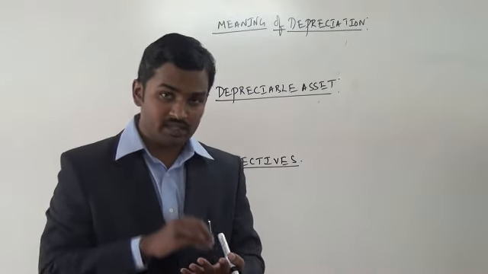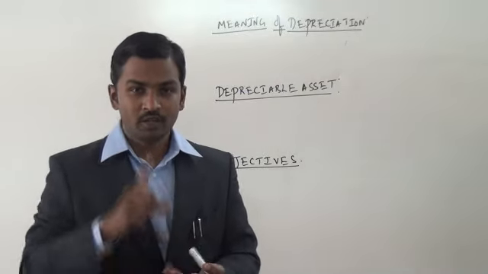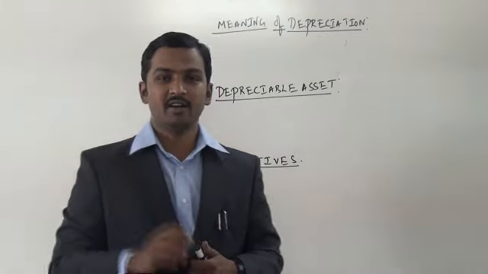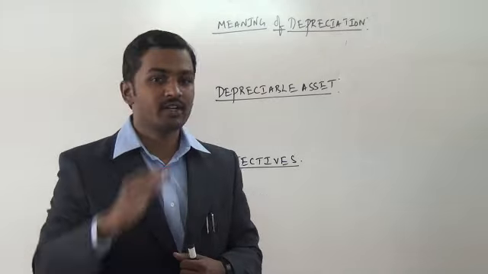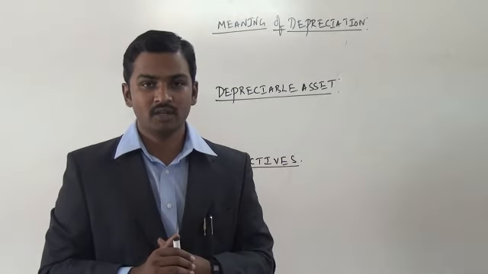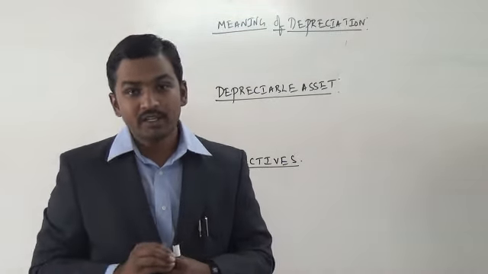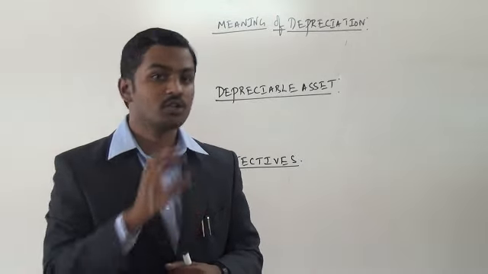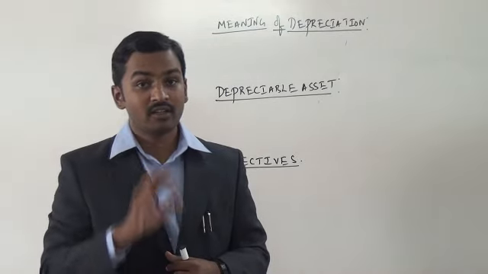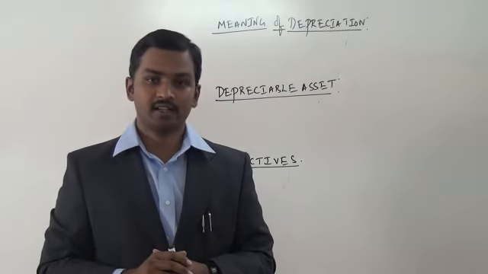If you include depreciation as a part of cost of production, the profits which you have calculated will be considered accurate profits. So if you want to arrive at true profits made by a business, you have to include depreciation as a part of cost of production, only then will you be able to calculate the correct profits.